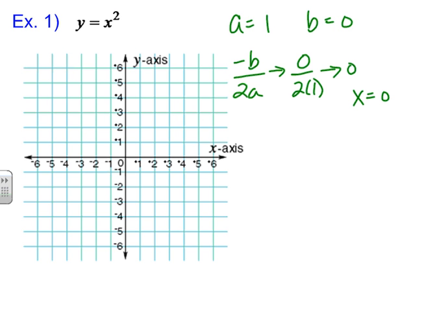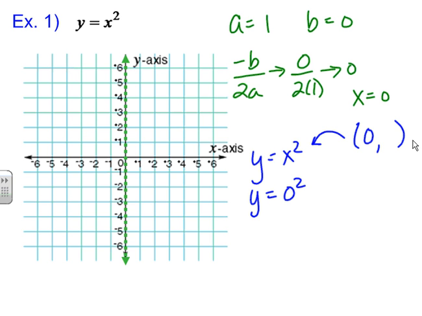So let's draw a line here as our axis of symmetry, right on the y-axis. Now we're going to use this 0 as part of our vertex, and take y equals x squared and plug 0 into that to find out what y would be. Well, 0 times 0 is 0, so that would be our vertex.